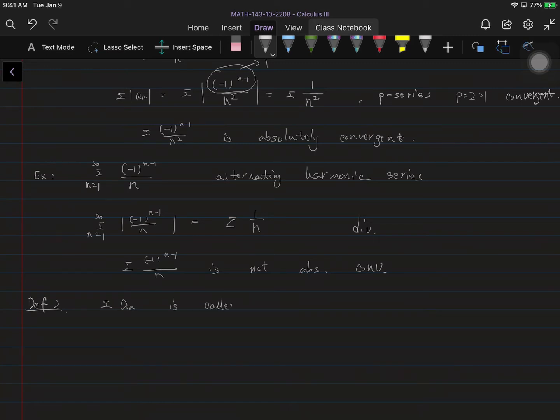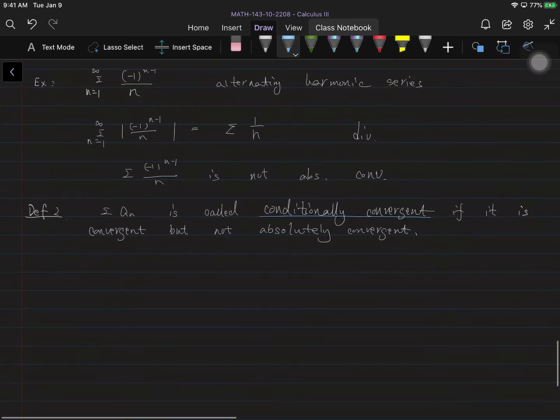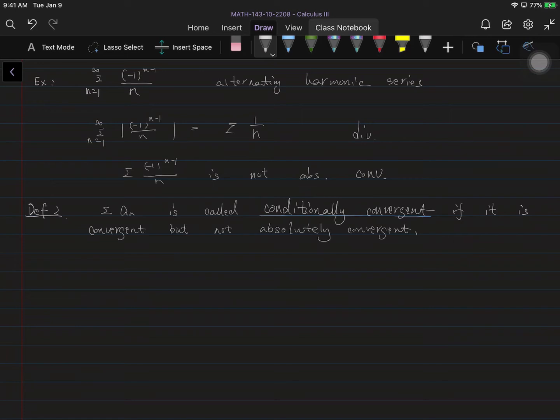It's called conditionally convergent if it is convergent but not absolutely convergent. That's the definition for conditionally convergent. Conditionally convergent means still convergent, just not absolutely convergent.